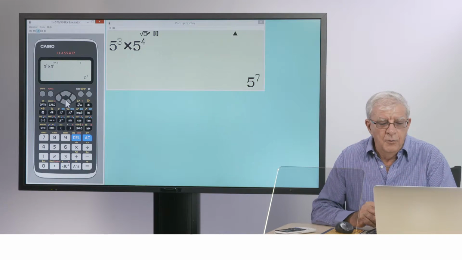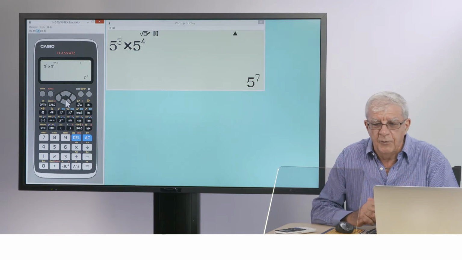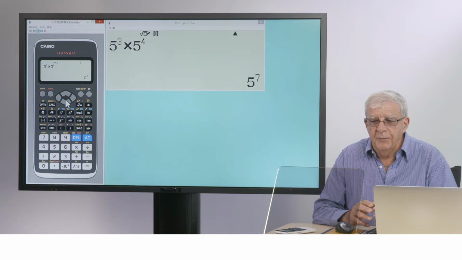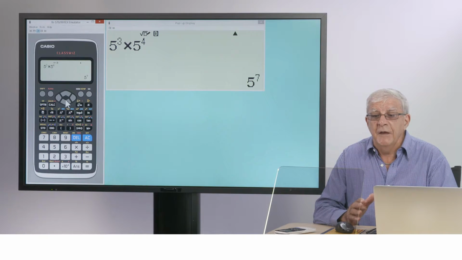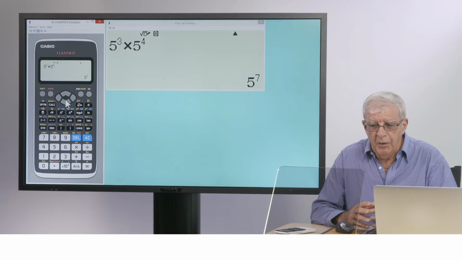So this relationship about indices, if students understand that relationship, they'll know that if they can write a number as a power of 10 using logarithms, then to multiply the numbers they need only to add the logarithms. And of course adding is a lot easier than multiplying.